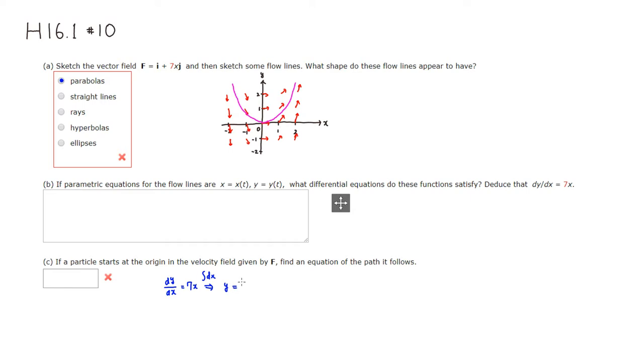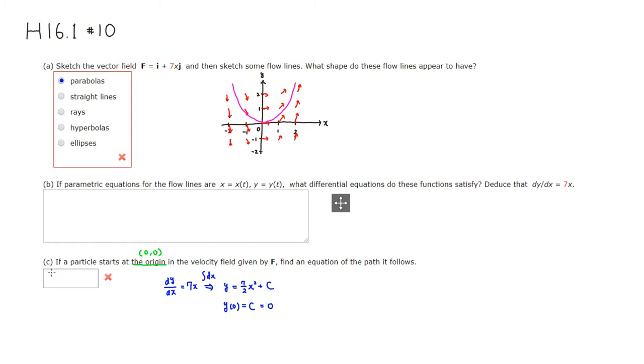The antiderivative of 7x is 7 over 2 x squared plus some constant c. But it says that it goes through the origin, so it has to go through 0, 0. So we plug in: y of 0 is 0, and you just get c. So c is equal to 0.